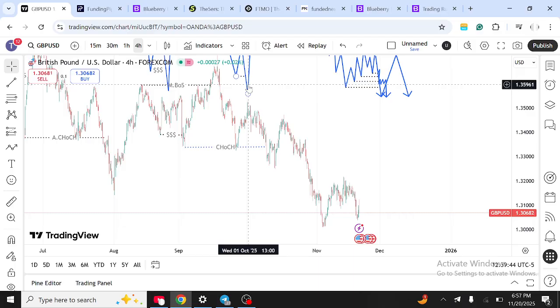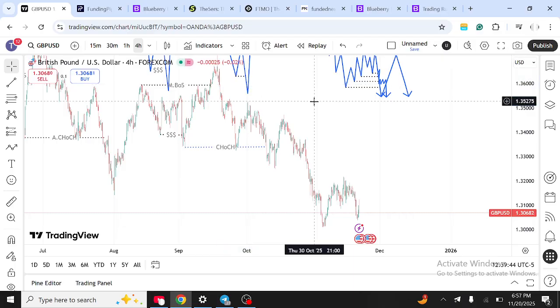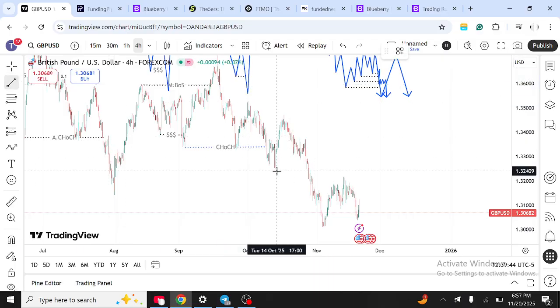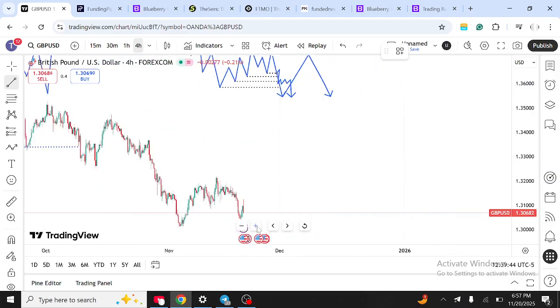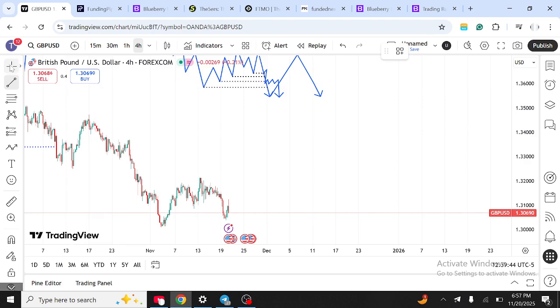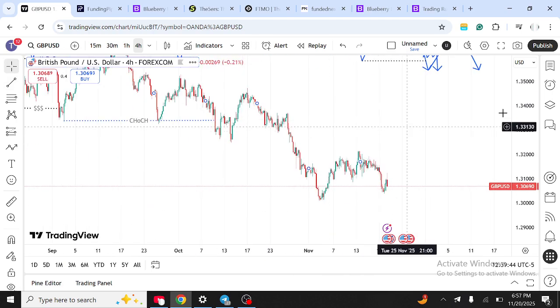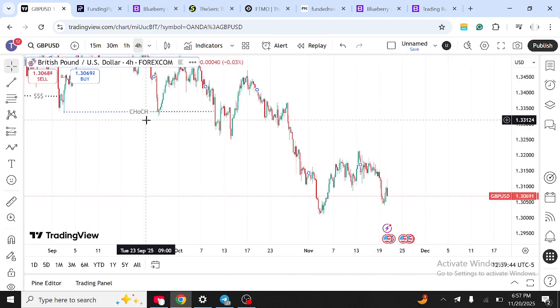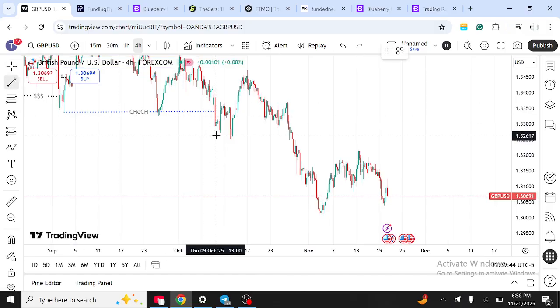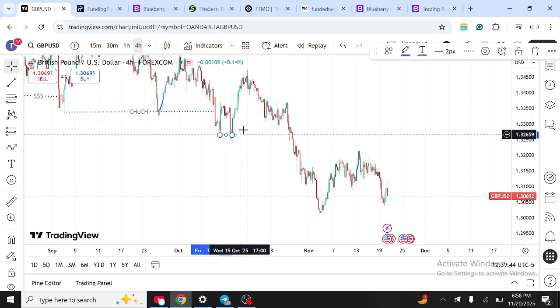All right, so as you can see, after that we have a pullback. And this pullback, let's check if it is equal lows or a break of structure. This seems like a break of structure, but I'm not really concerned about this. Right.